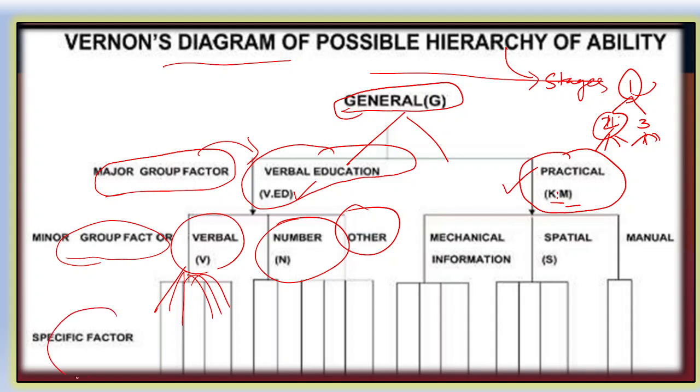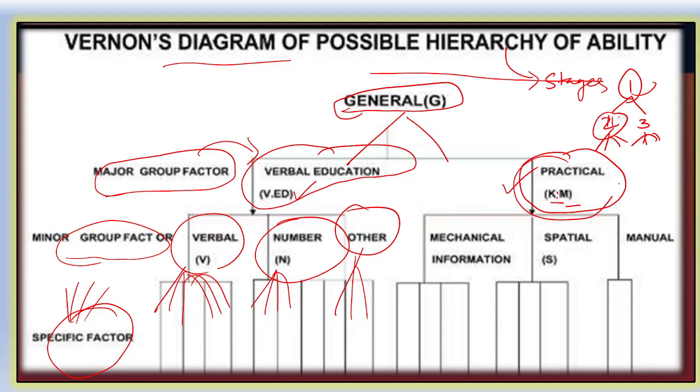So this specific factor, you can say special factor, is different from person to person. Here also in number, it's different from person to person. Other way also, if you are understanding the information which is given by verbal education, then also person to person it will be different. So specific factor is only for person to person aspect, and general factor is common for all.